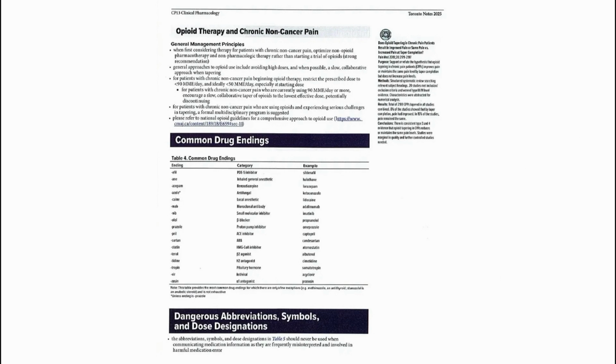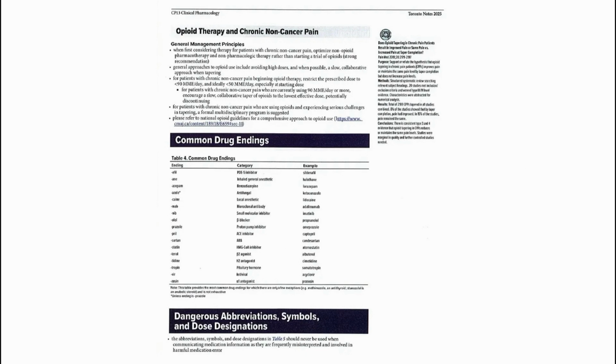To summarize this page, optimize non-opioid and non-pharmacologic therapies before prescribing opioids for chronic non-cancer pain. Use the lowest effective opioid dose, ideally less than 50 MME per day, and avoid doses exceeding 90 MME per day whenever possible. Slow, collaborative opioid tapering generally does not worsen pain and may improve patients' outcomes.